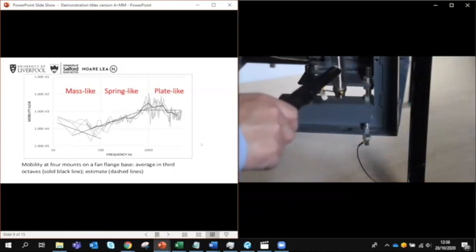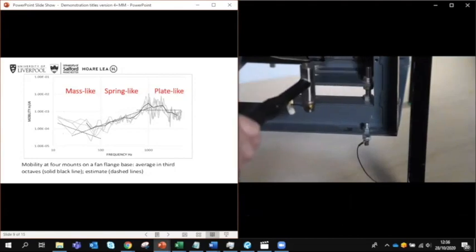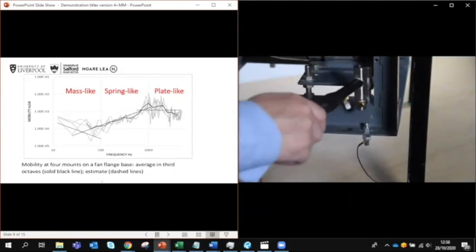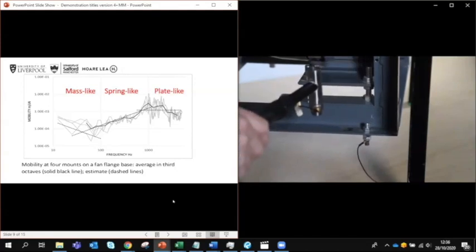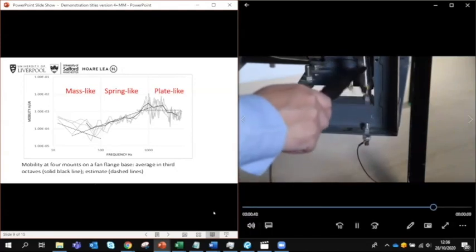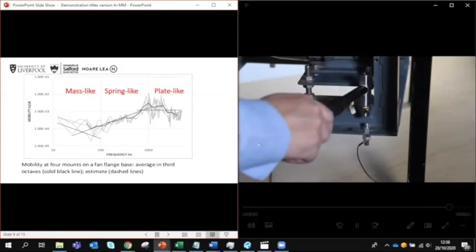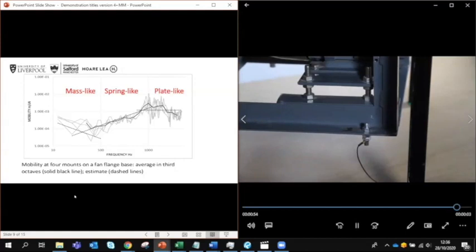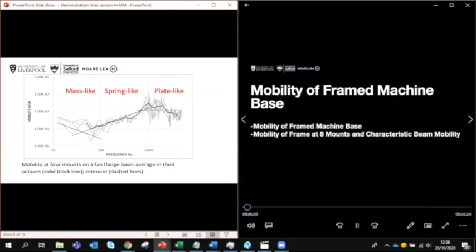So we'd still get mass effects, we'd still get spring-like effects before transitioning to the infinite plate response. So provided we have an idea as to what type of mounting arrangement we have, we've always got an opportunity to estimate the source mobility from these expressions.